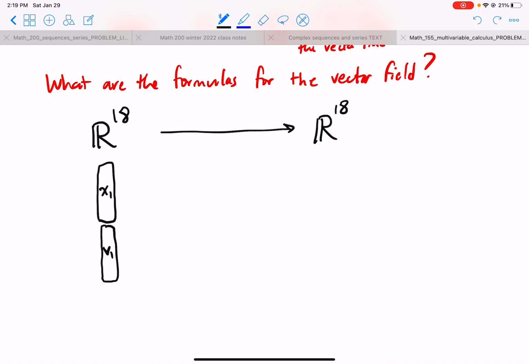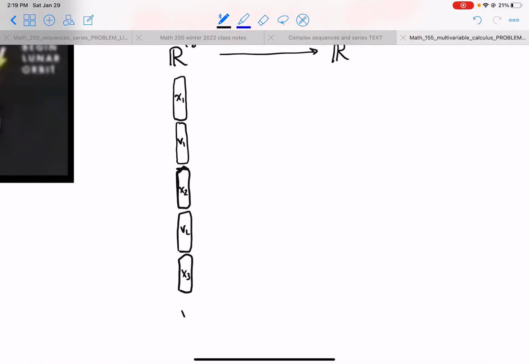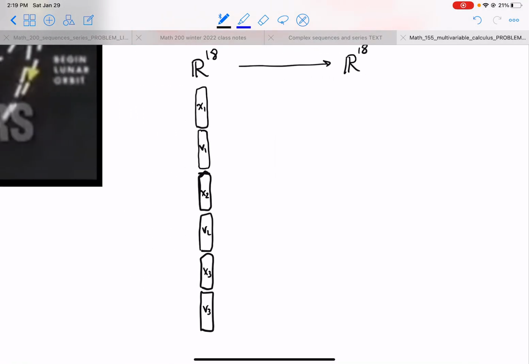It'll be simpler that way. Then x2 has three components, and v2 is another three-dimensional vector, and then x3 is a three-dimensional vector. I'm just stacking them together, and v3 is the third. Now I have my whole 18-dimensional space, which is just one vector with 18 numbers.